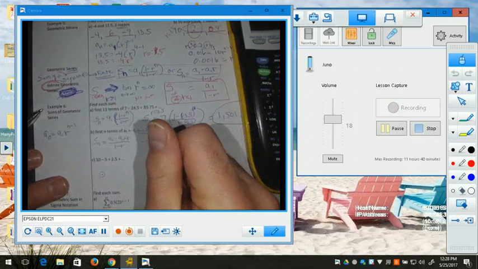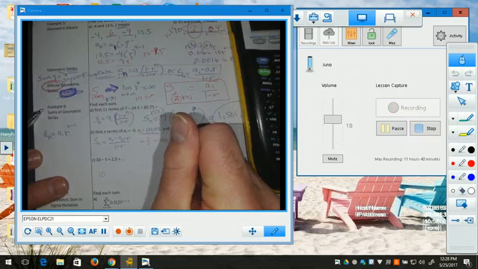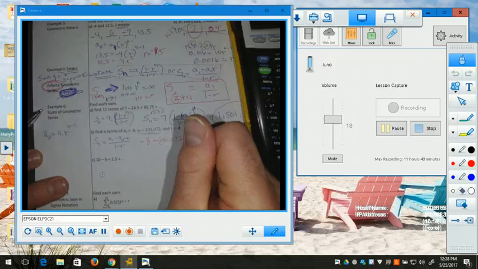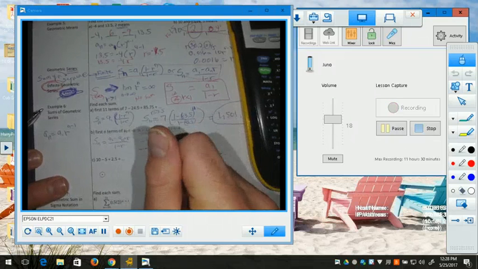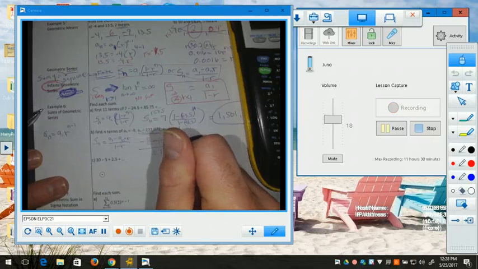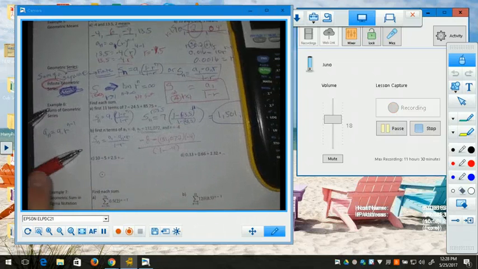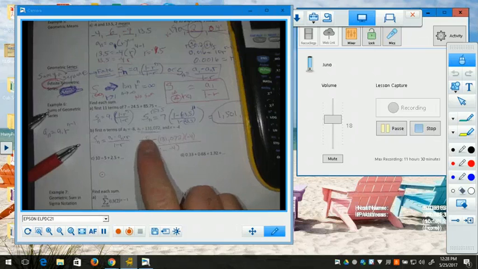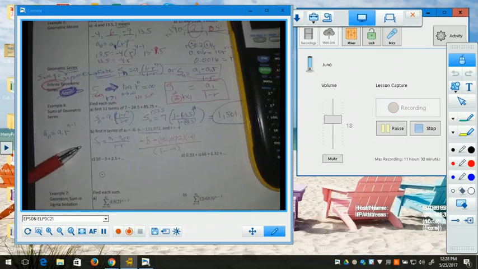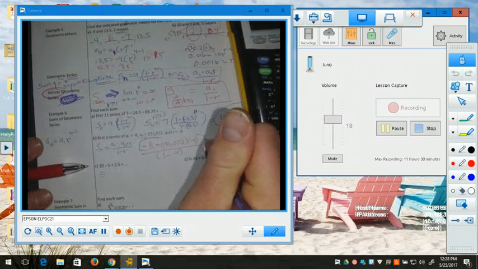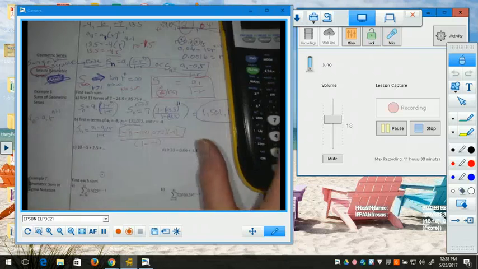So negative 8 minus the product of 131,072 times negative 4. And then once I have that, I have to divide by 1 minus negative 4. Be careful to put your denominator right. You should probably do all that first in the calculator, hit enter, and then do this. Or put the numerator in its own set of brackets. I'm not going to do that, but you could do it that way.